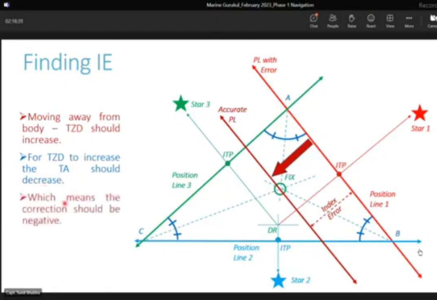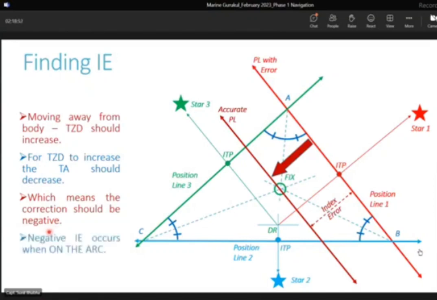Now for true altitude to decrease, the correction which we are applying should be negative. The correction which we are applying to the true altitude should be negative. So this tells us that the index error which we are applying in this case should be negative.